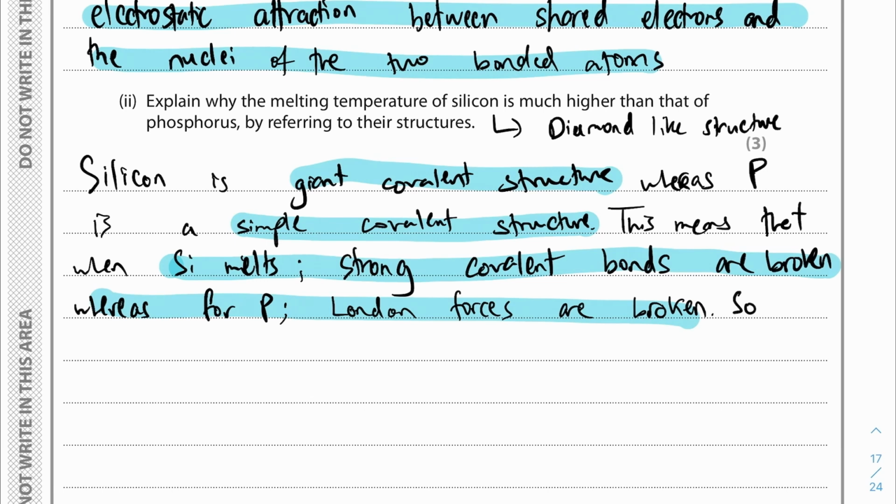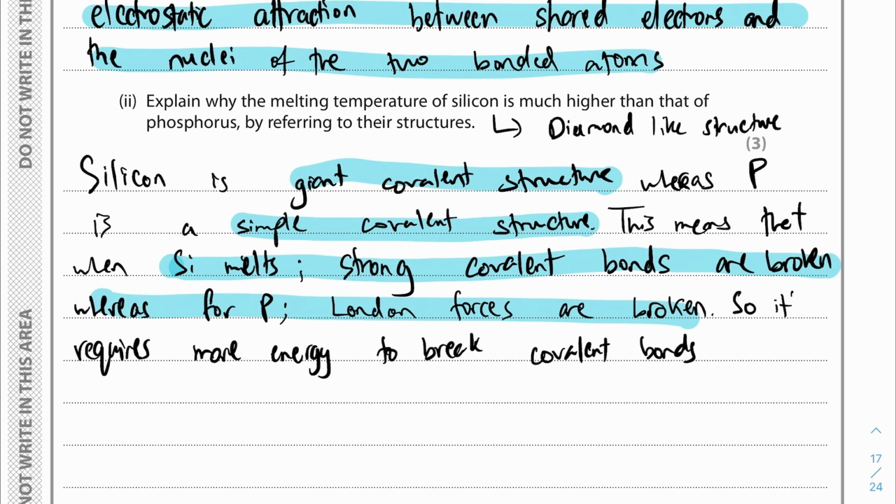It requires more energy to break covalent bonds than London forces. So now we have explained why it requires more energy, hence the greater melting temperature of silicon.